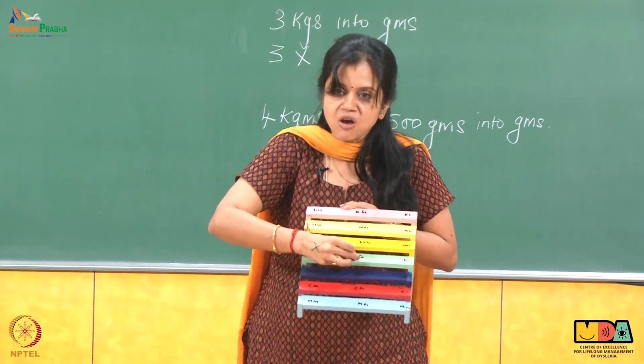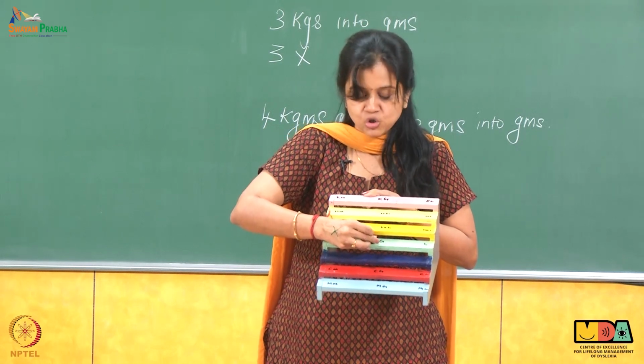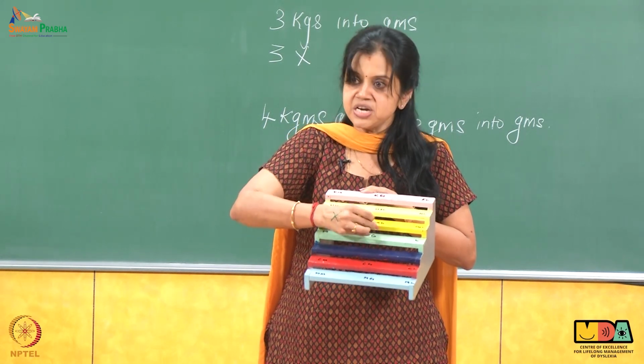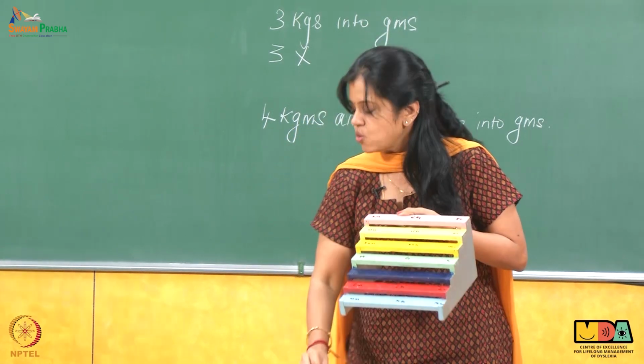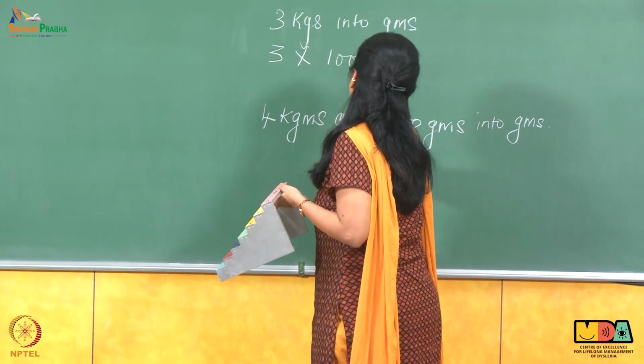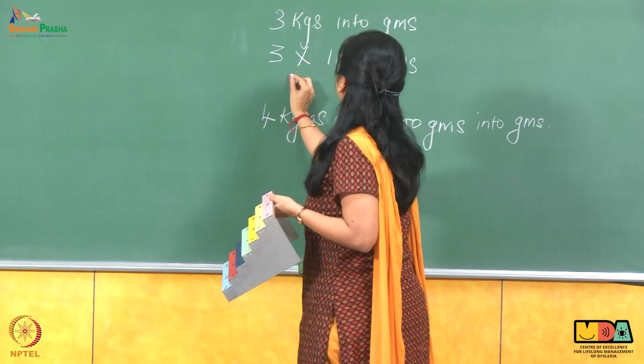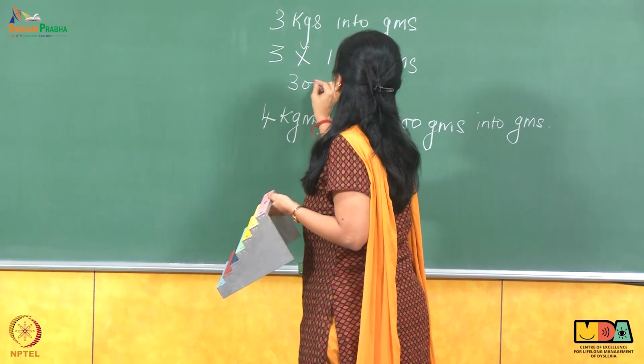Where are they right now? In the gram step. That means that is where they need to go. So it is 10, 100 and 1000. So they write the 1000 over here. So 3 into 1000 is 3000 grams.